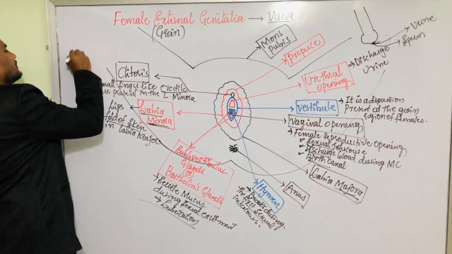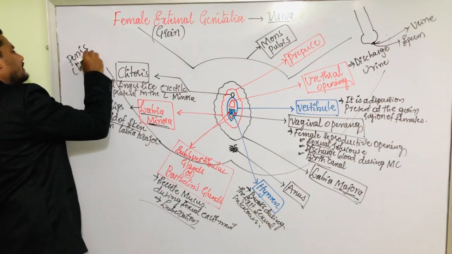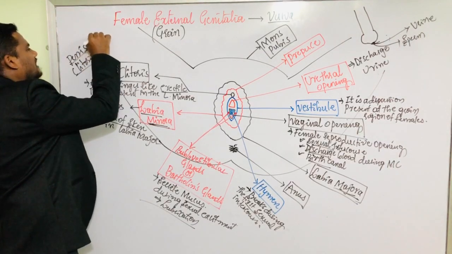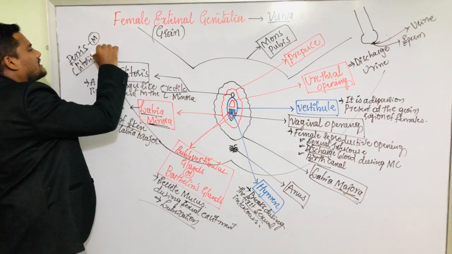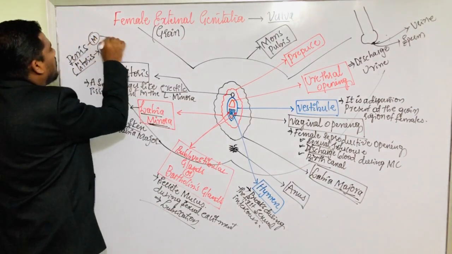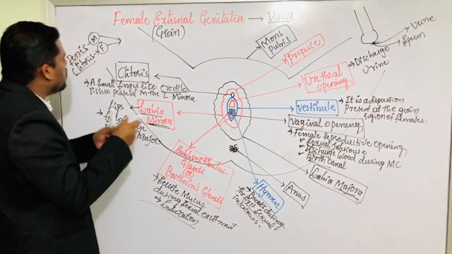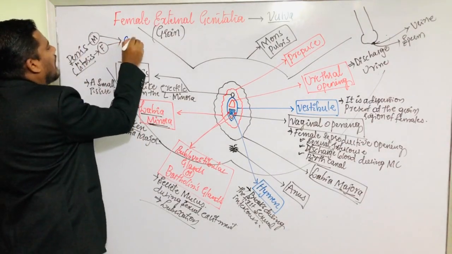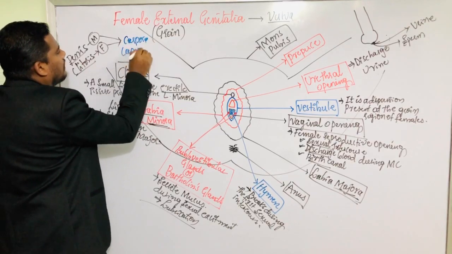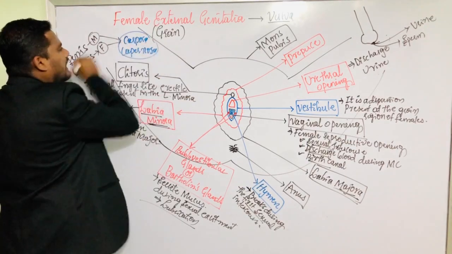Penis is present in the males, whereas clitoris is present in the females. Both of them are made up of the same tissue. What is the name of that tissue? It is corpora cavernosa.